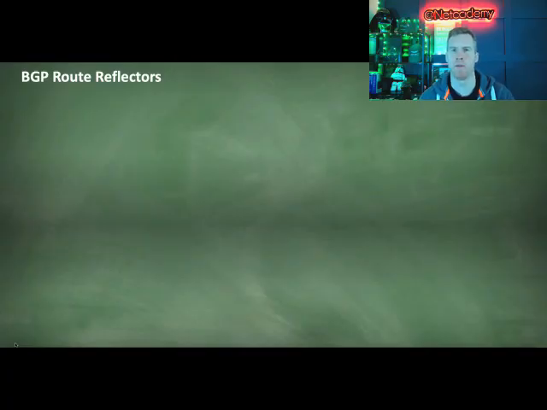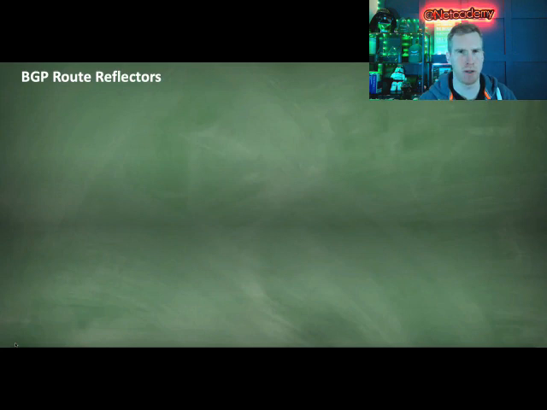So let's get on with the theory of BGP route reflectors. To really understand why we need route reflectors and why they are of benefit, let's first look at iBGP, or Interior Border Gateway Protocol, and what is fundamentally required when you have iBGP peering within the same autonomous system.